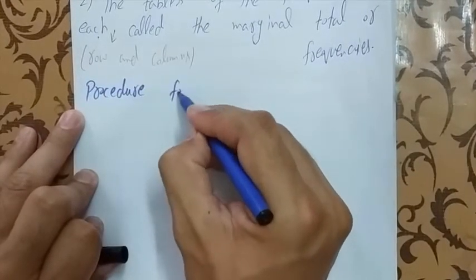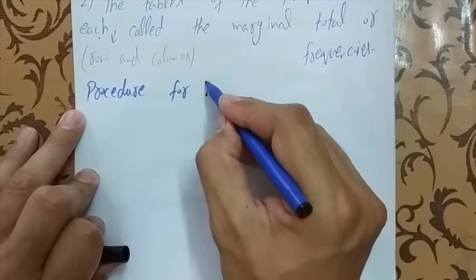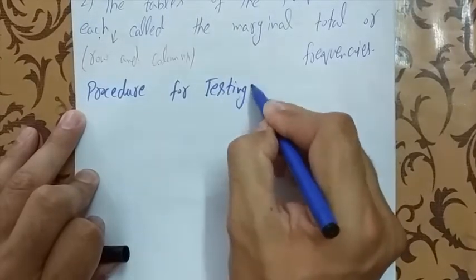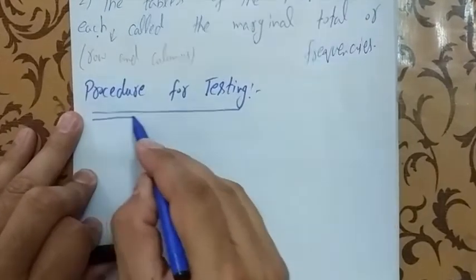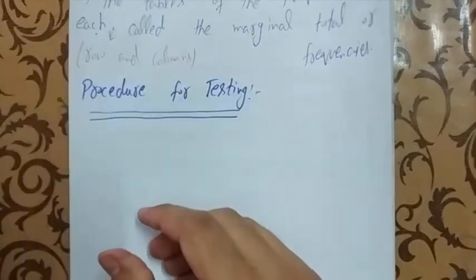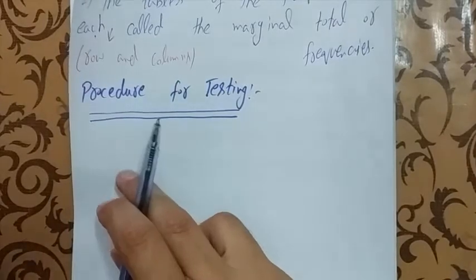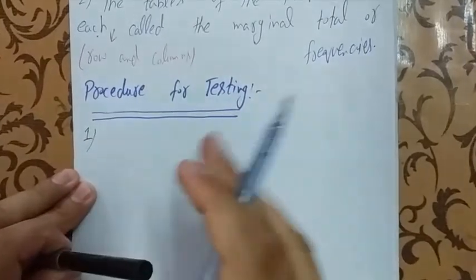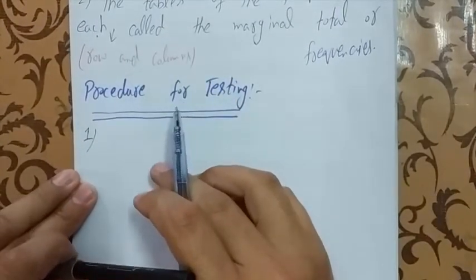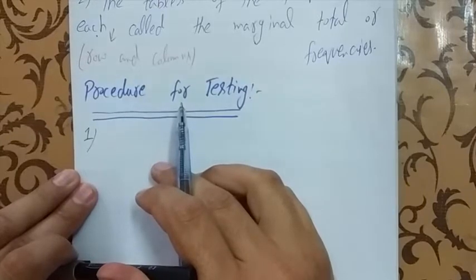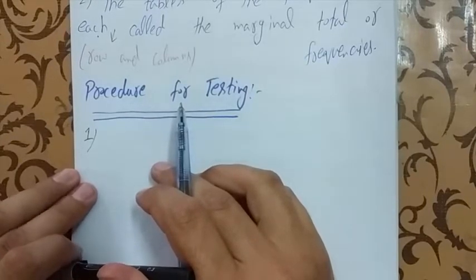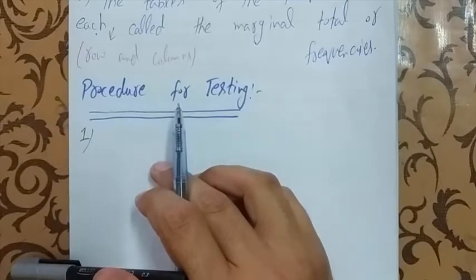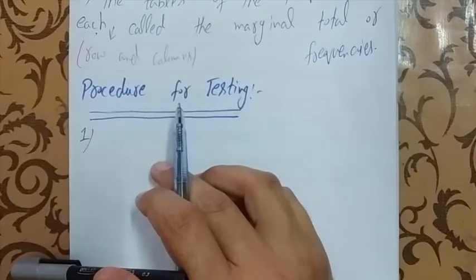Similar to the chi-square distribution which I explained in the last lecture, in the first step we set up the null hypothesis and alternative hypothesis.